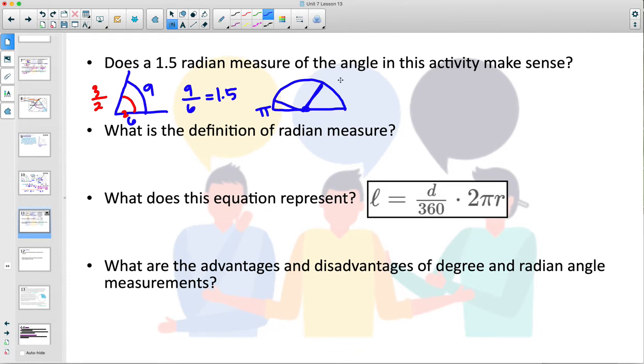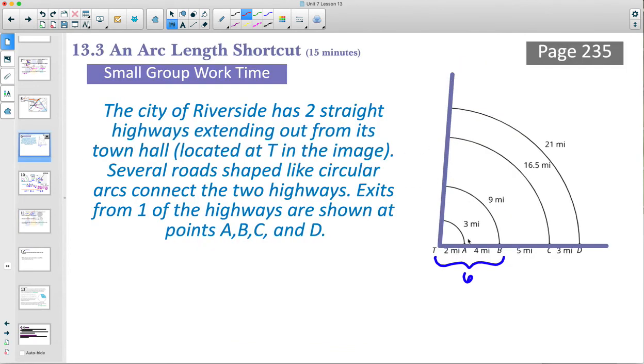So it would make sense then that 1.5 radians is just under half of pi. Since pi is a little bit more than 3, this is going to be a little bit more than 1.5. So 1.5 being a little bit smaller than a 90-degree angle, which is a little bit smaller than 90, so that makes sense.